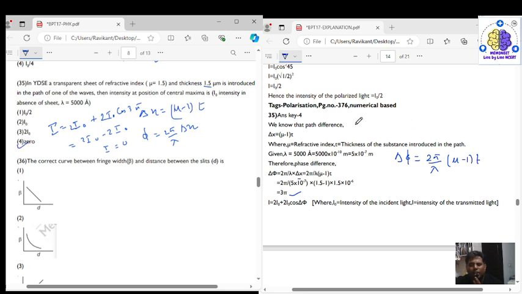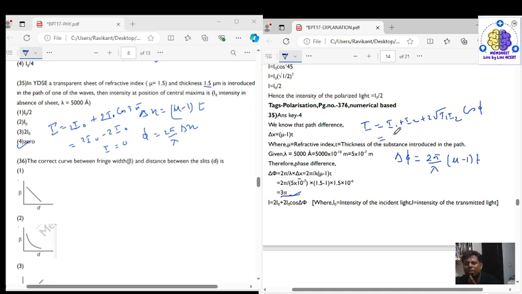Again, just for your understanding, I use the formula I equals I1 plus I2 plus 2 root I1 I2 cos phi. Phi we calculated as 3 pi. I1 and I2 are equal to I naught.